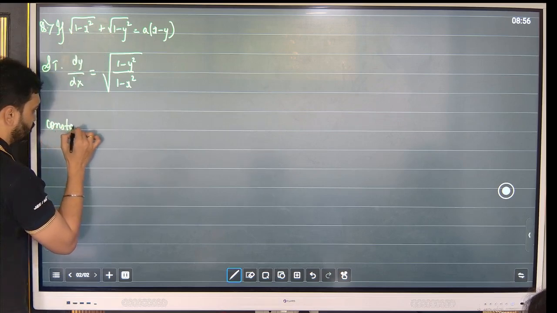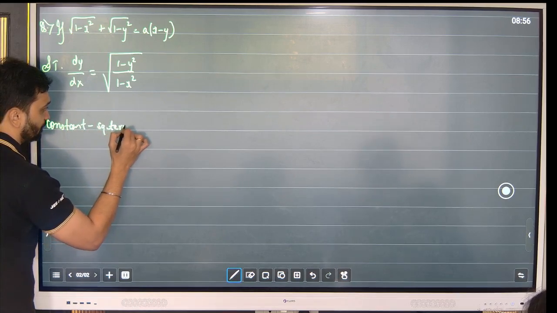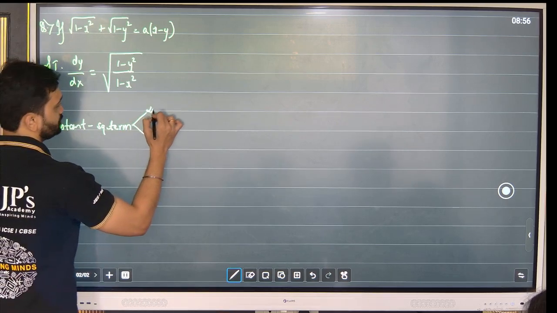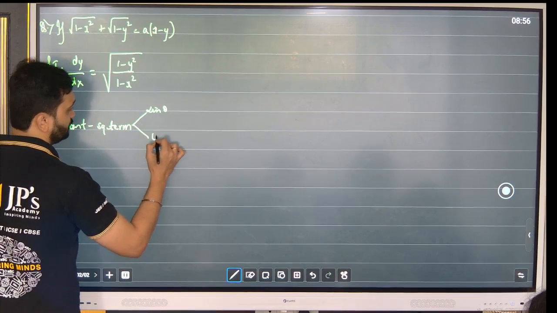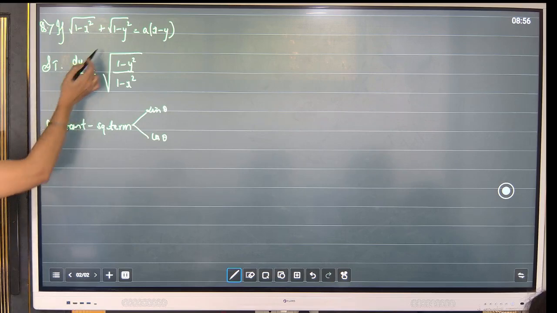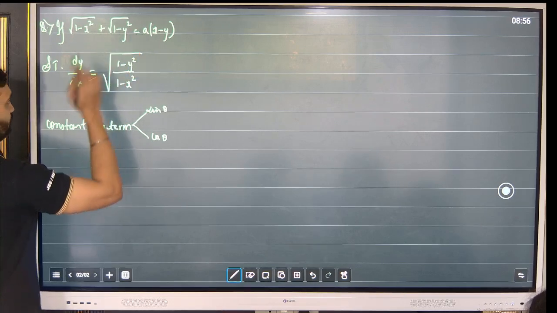Whenever you have a constant minus a square term, you're either going to substitute sin theta or cos theta. So if I substitute x as sin theta, it will become 1 minus sin squared theta, that is cos theta. And here if I substitute sin phi, 1 minus sin squared phi will become cos phi.